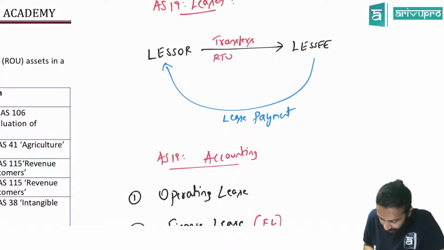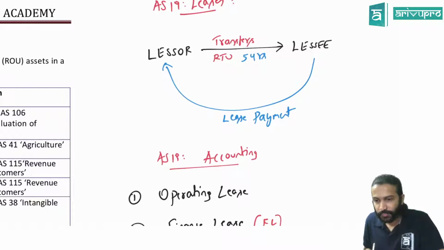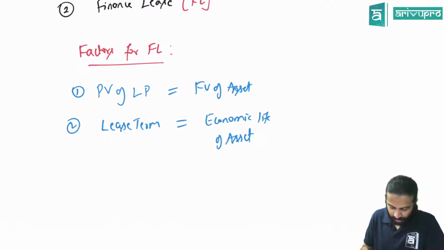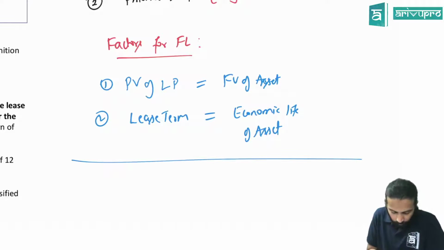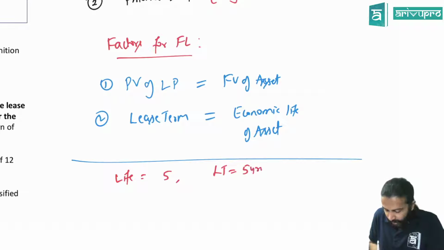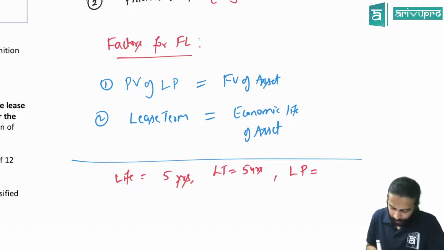Let's say the term of the lease here is 5 years. That means, let's say in this example, the life of the asset is 5 years, sir. Lease term is also 5 years. Okay. So the lessee gets to use the asset for 5 years, for which he has to pay lease payment.